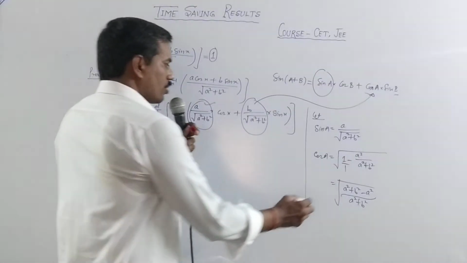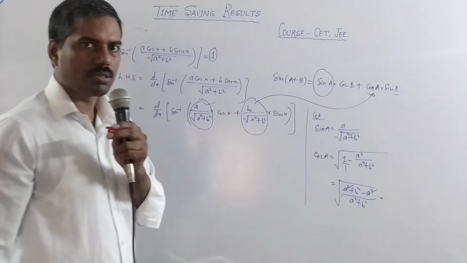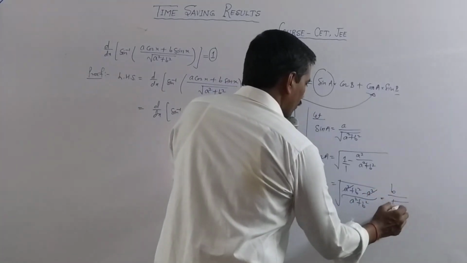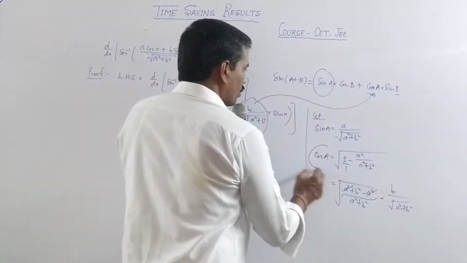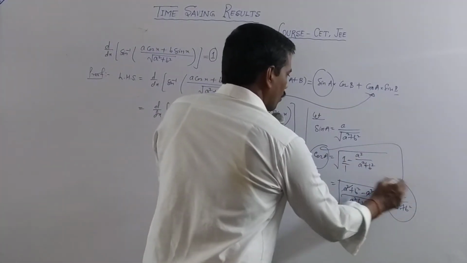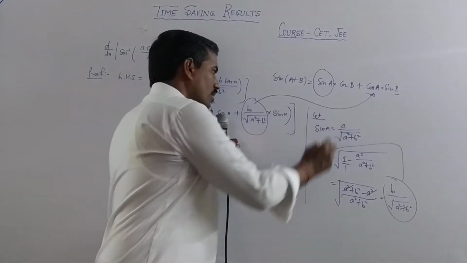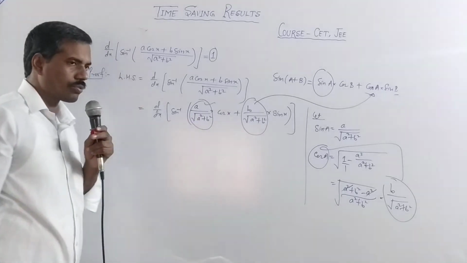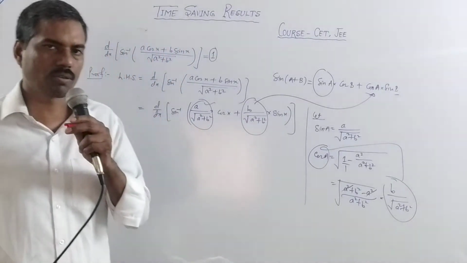Okay, a square and a square get cancelled, and square root of b square is b. We get b upon under root of a square plus b square. So this is the value of cos a. If sine a is replaced by a upon under root of a square plus b square, then b upon under root of a square plus b square is equal to cos a.